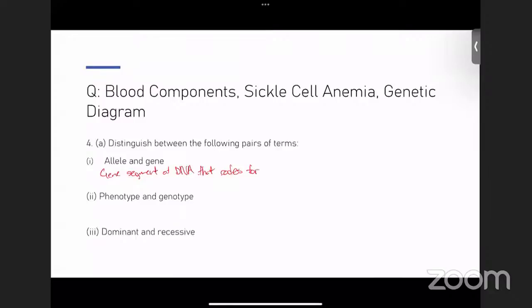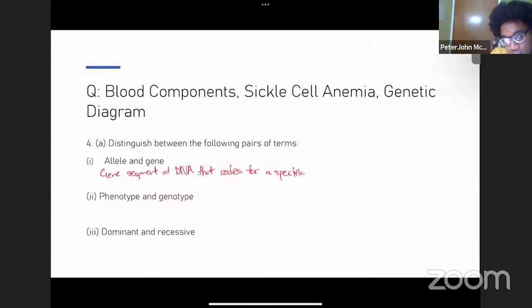I said the basic unit of hereditary that codes for a specific characteristic. So you're just saying a segment of DNA that codes for a specific characteristic. You're just saying the same thing I'm saying, but that's a great way to put it. Or it's hereditary, I think that's the adjective.